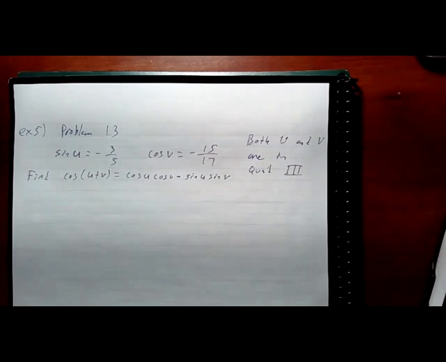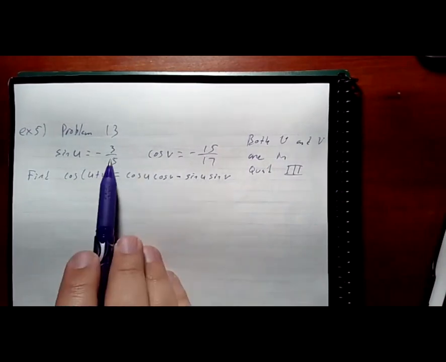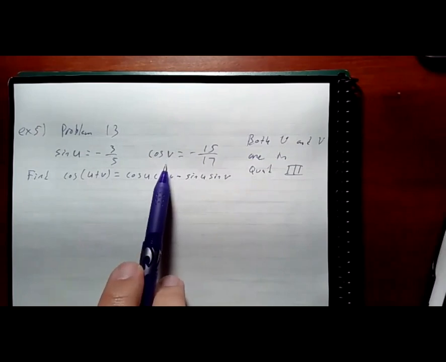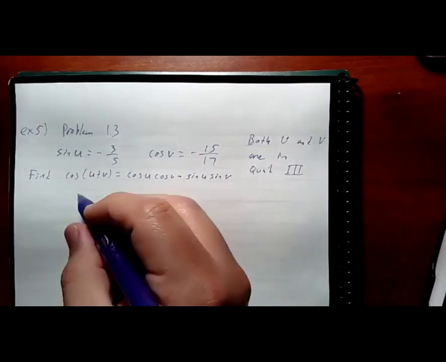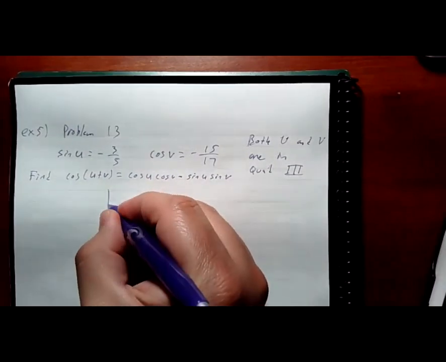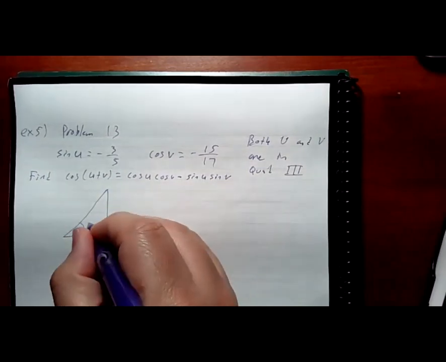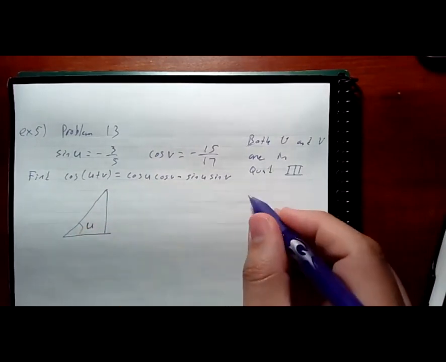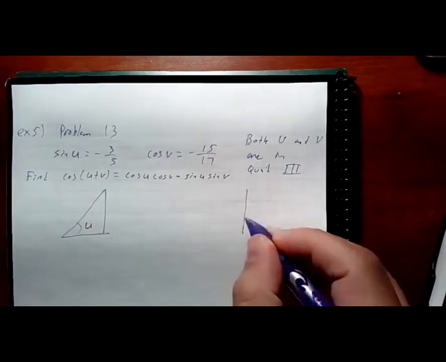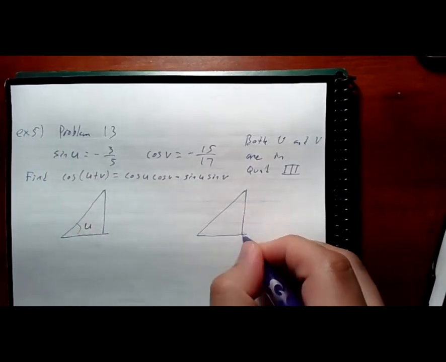In quadrant 3, both x and y are negative, which is why sine and cosine are negative for both sine u and cosine v. So what you're going to do is build two triangles. One triangle for u, another triangle for v.